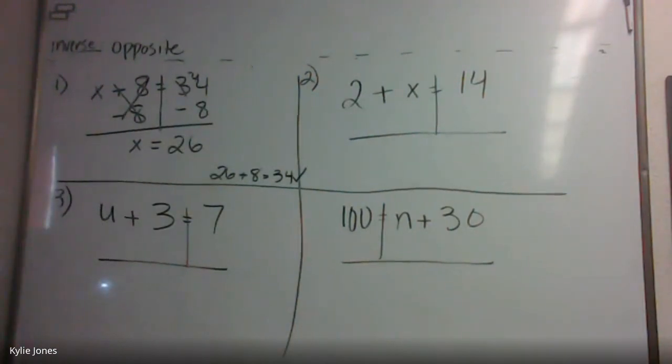You should be working on them individually, trying these on your own. All 3 of them, please. That's a U. Should I use a different variable or are you good with that? I'm good.